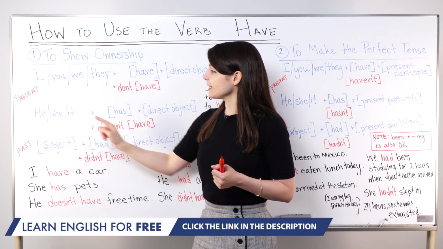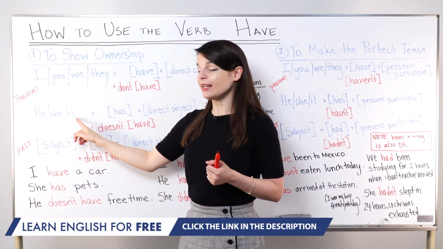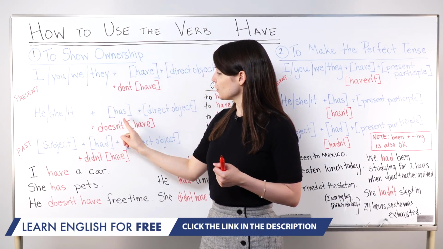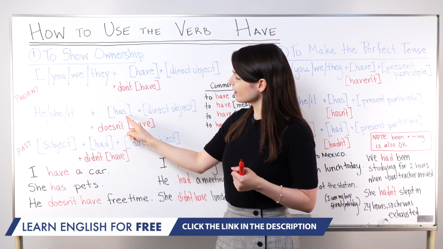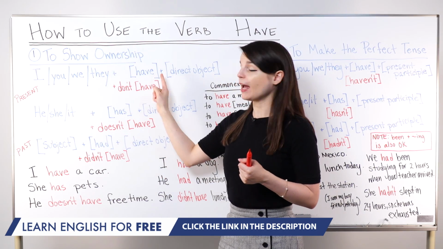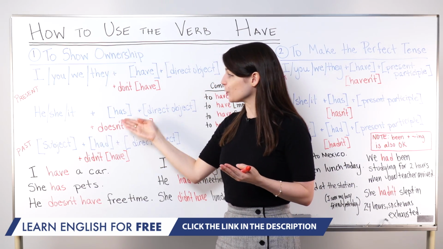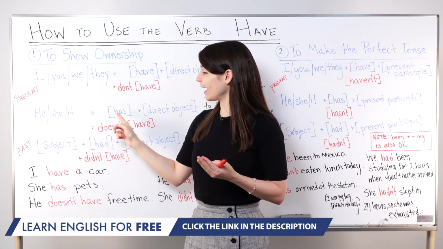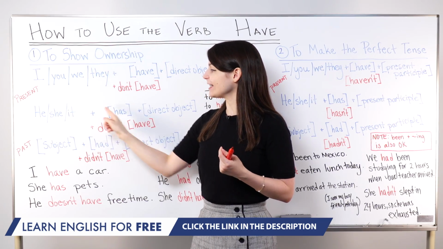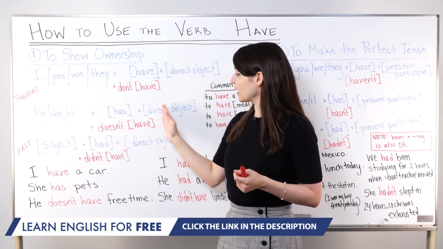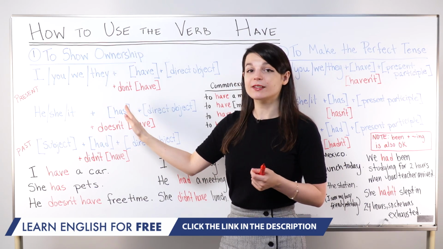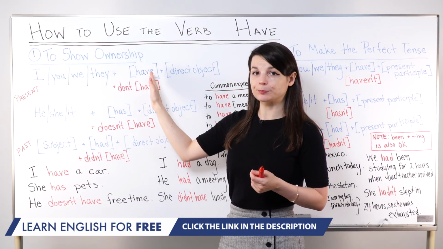When the subject is he, she, or it, however, we need to use has. So this is the conjugated form of the verb have. When the subject is this, we have to use has. So he has, she has, it has, and a direct object after the verb, just as we saw in the first example.